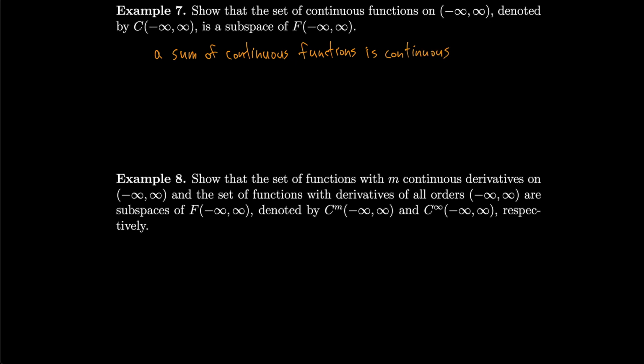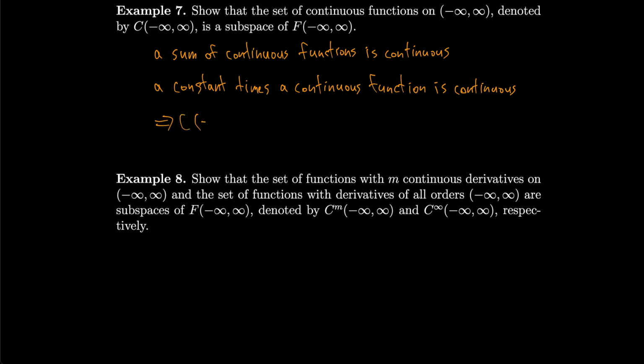But we also have that a constant times a continuous function is continuous. Multiplying constants by continuous functions doesn't make them not continuous anymore. So there you go, that's enough for the subspace test.